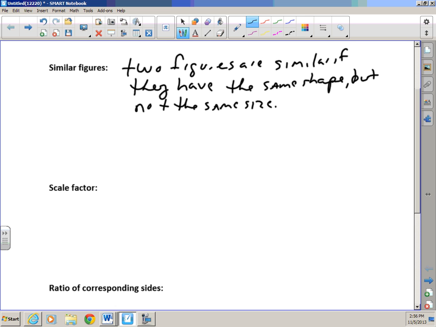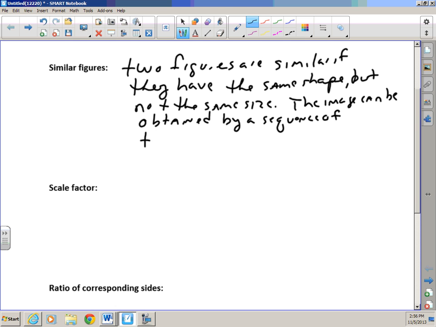Now, if that is the case, the image can be obtained by a sequence of transformations, whether that be a translation, a reflection, or a rotation, and a dilation.